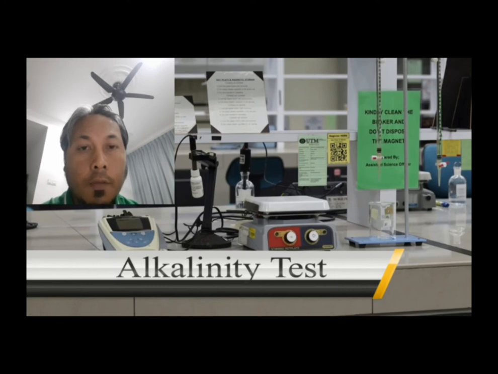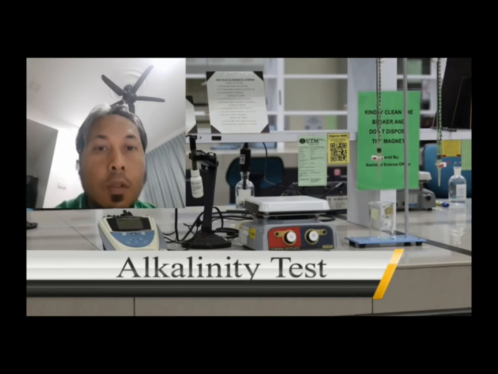The objectives of the alkalinity test: first, to gain knowledge of the methods used to measure pH and alkalinity. Second, to be able to calibrate a pH meter. And third, to determine the alkalinity of a water sample and express it in terms of parts per million of calcium carbonate.